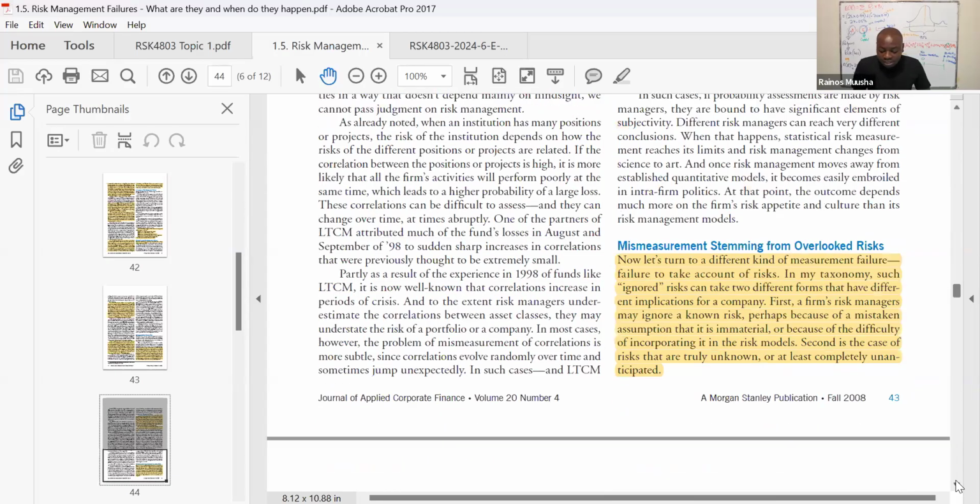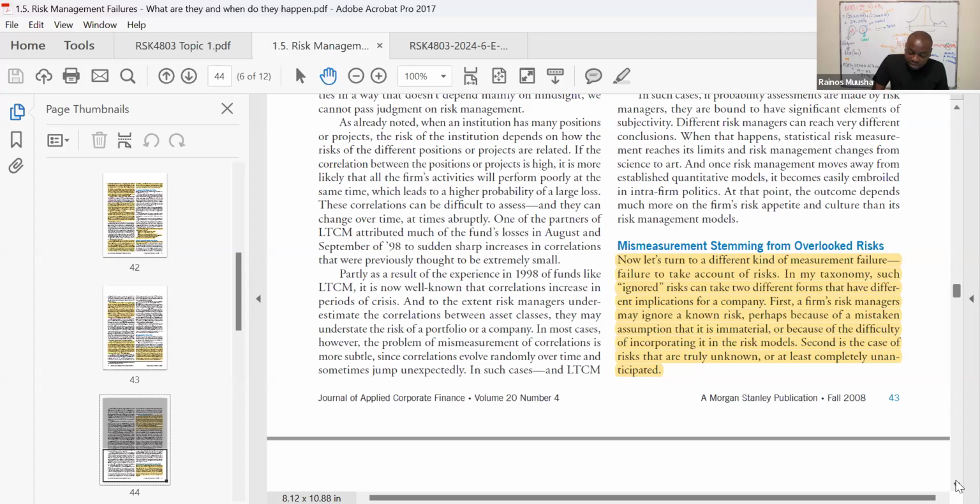Then they also look at mismeasurement stemming from overlooked risks. And then they say, now let's turn to a different kind of measurement failure: failure to take account of risks. In my taxonomy, such ignored risks can take two different forms that have different implications for a company.